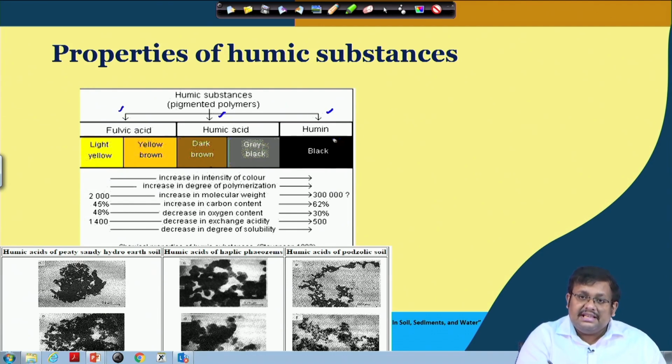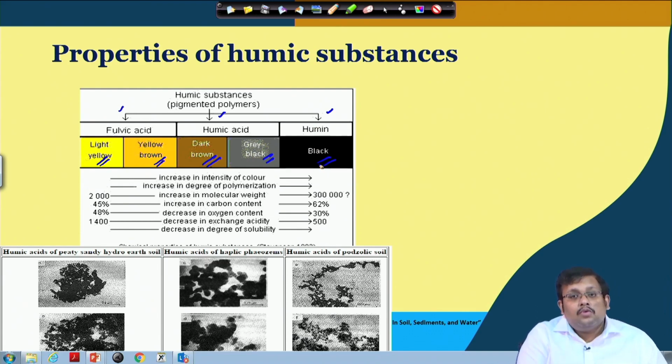Humin is basically the insoluble part. The color of fulvic acid varies from light yellow to yellowish brown, whereas the color of humic acid varies from dark brown to grey black, and humin is pure black.